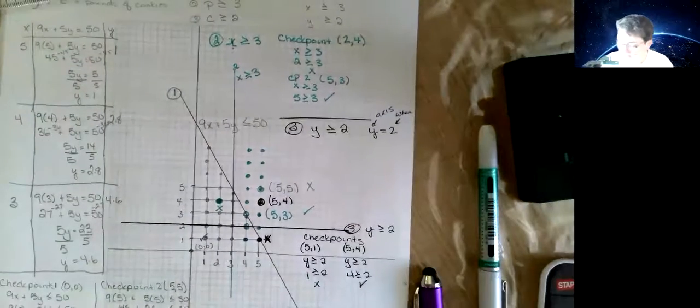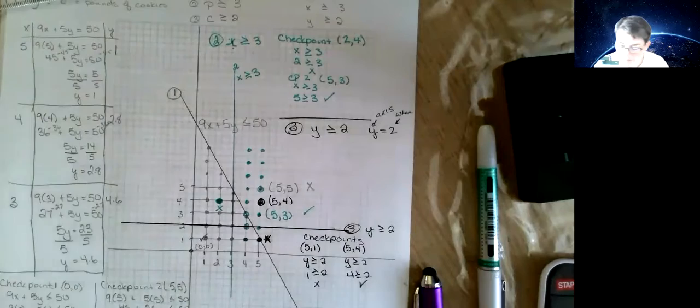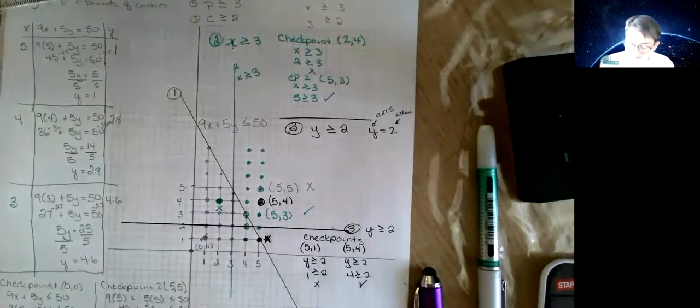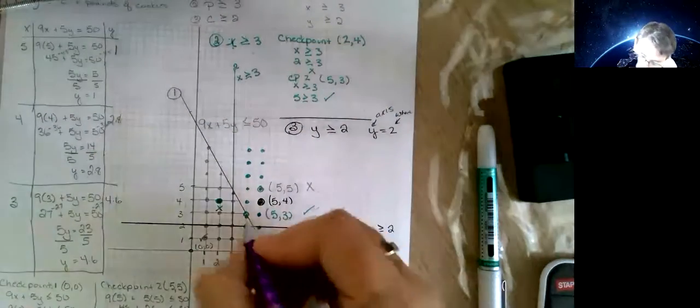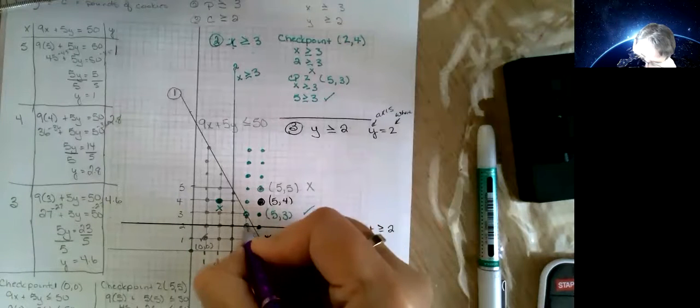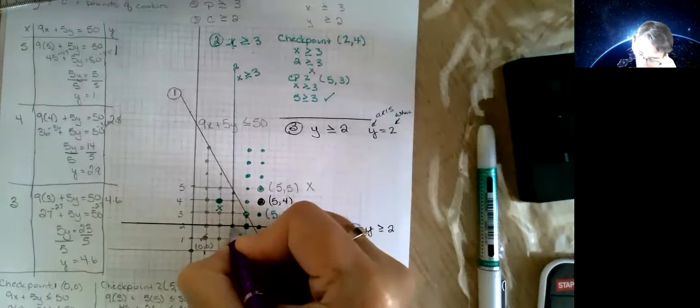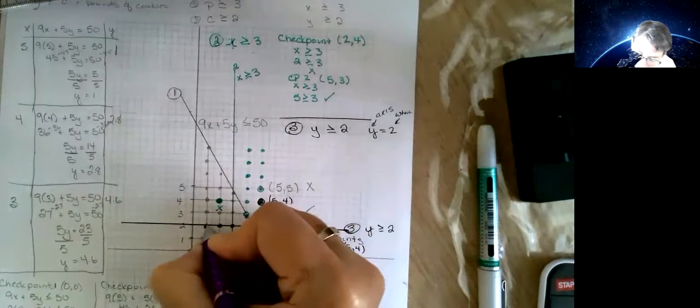So our feasible area. Oops, I forgot to do some coloring. Here, and here, and here, and here, because you can be on the line.